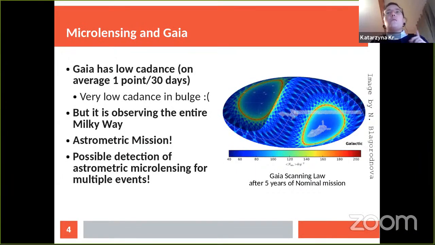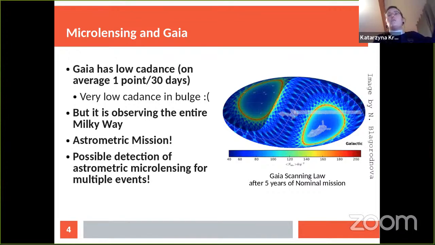However, first, Gaia is observing the entire sky, which means it's observing the entire Milky Way. And secondly, because Gaia is an astrometric mission, eventually it will provide astrometric time series for sources which are bright enough, and we will be able to detect astrometric microlensing on an unprecedented scale.